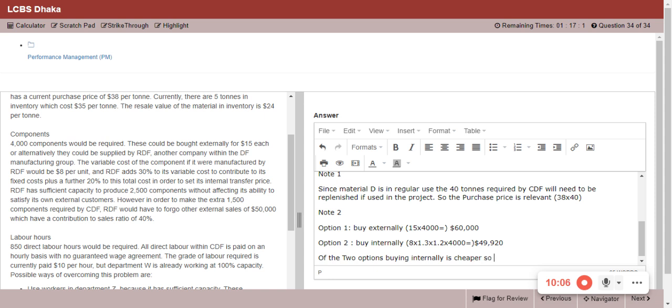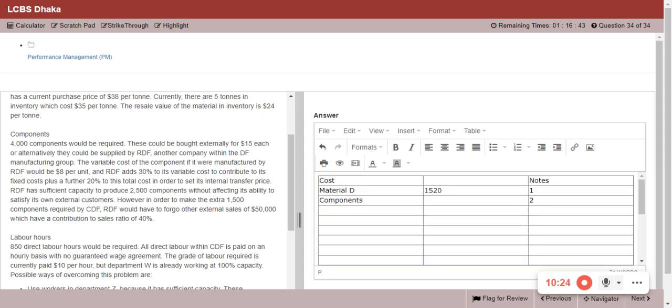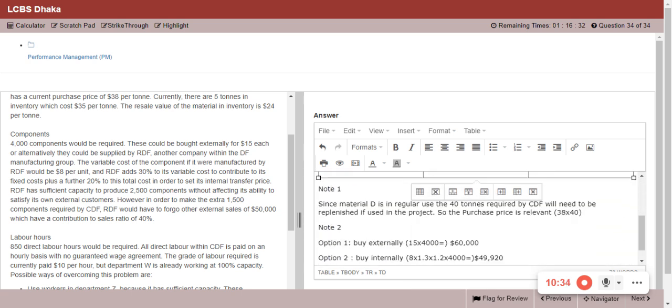So the relevant cost of components is 49,920. Put the dollar sign up here. 49,920. So that's my note.